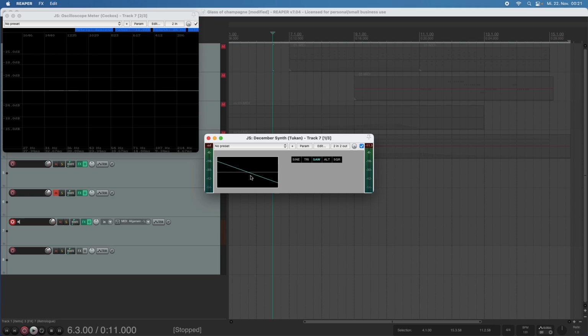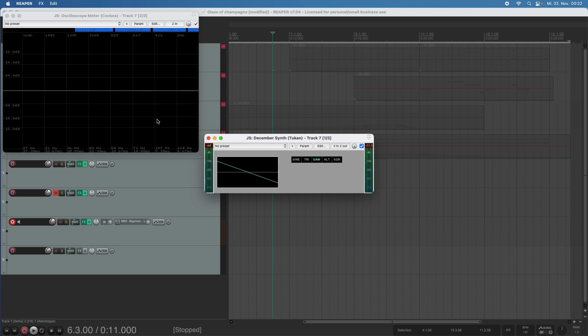Let me play a higher note so we can see why it's called a sawtooth. And maybe you noticed that the shape is not really exactly this straight line in the oscilloscope.